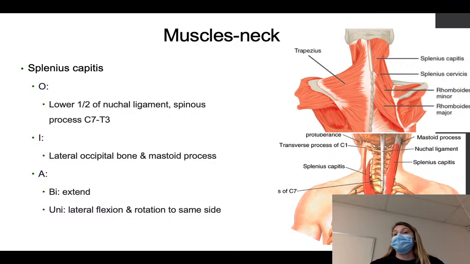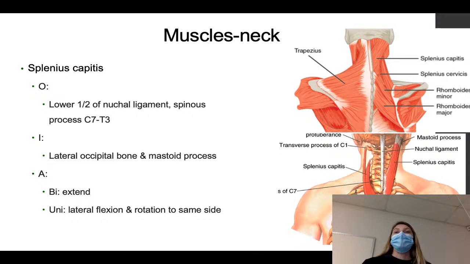It doesn't travel the whole spine. It's basically this fibrous tissue that goes from your external occipital protuberance, which we know is the bump in the back of our head, down to about C7, T1. So it kind of just sits on top of all those spinous processes in your neck.